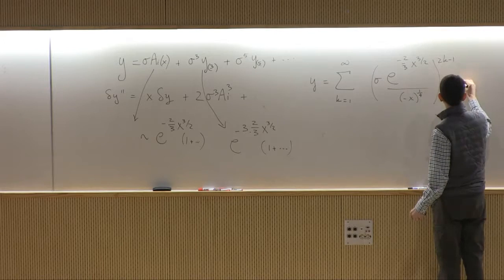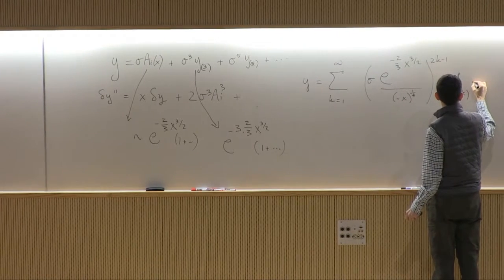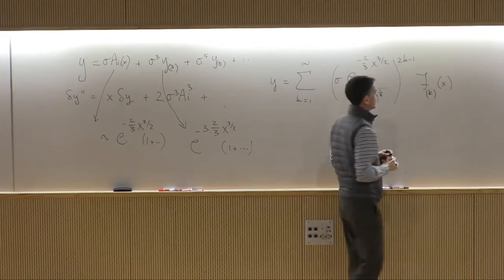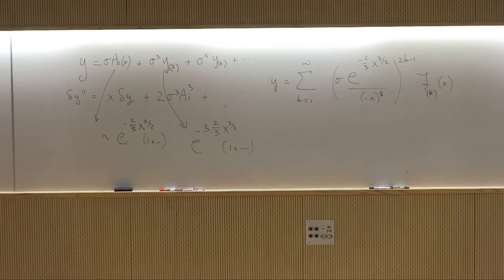It's not exactly the same one because I pulled out these factors, so let's just call it fk of x. So those are the fluctuations in the k sector, k instanton sector.